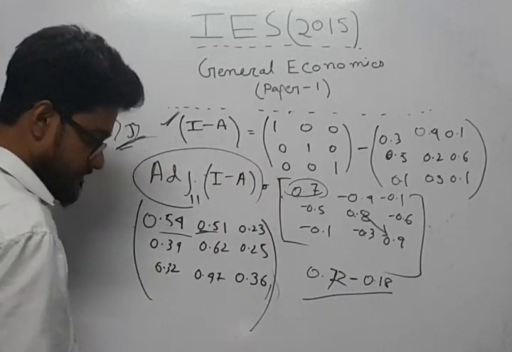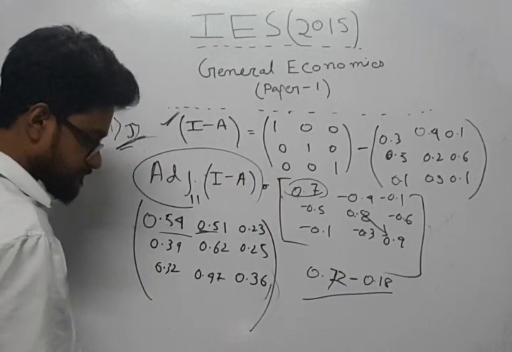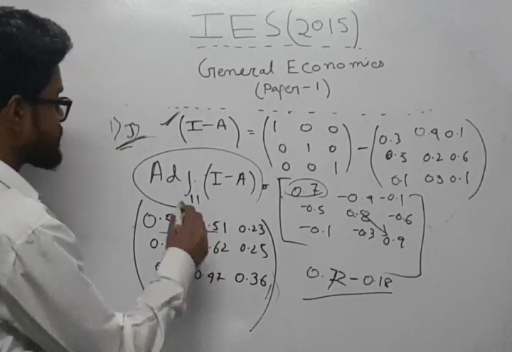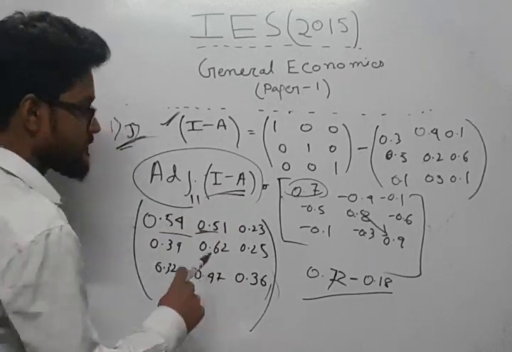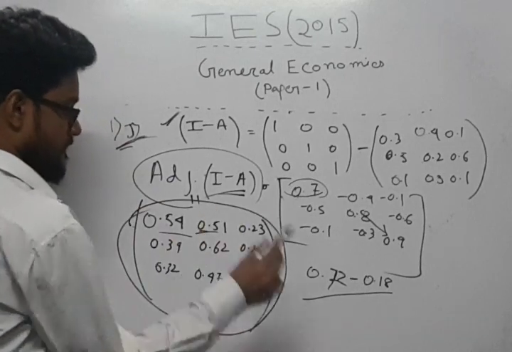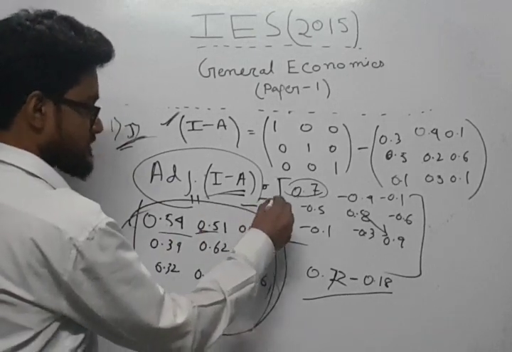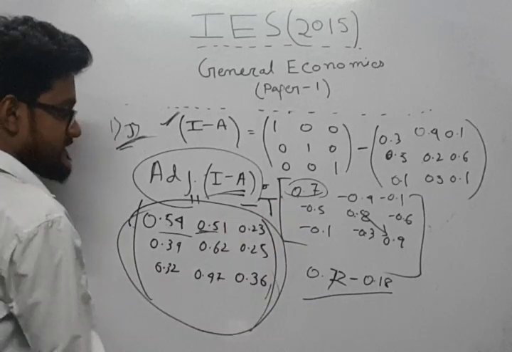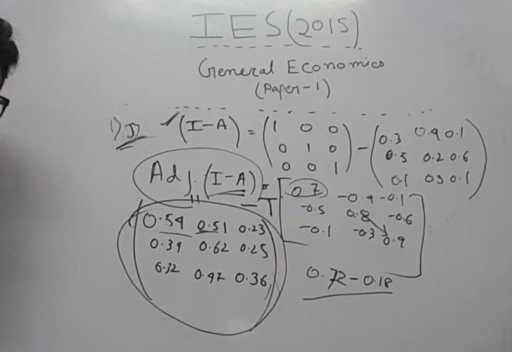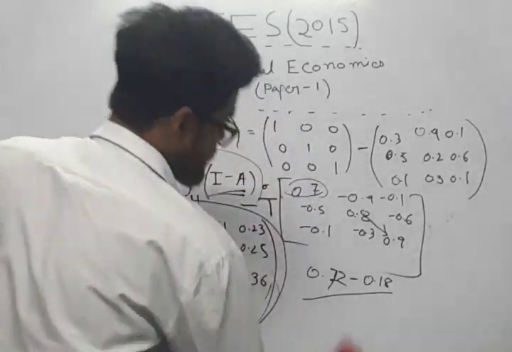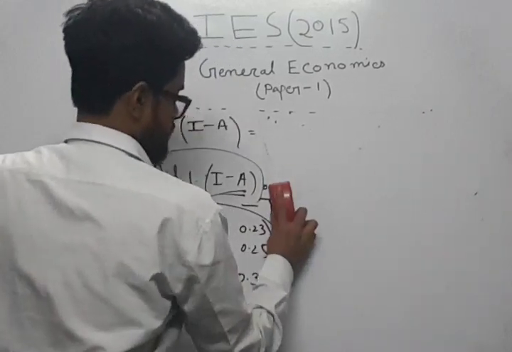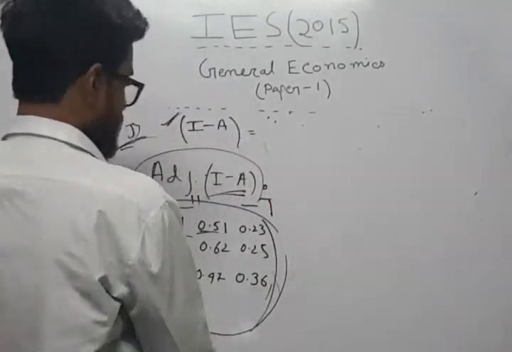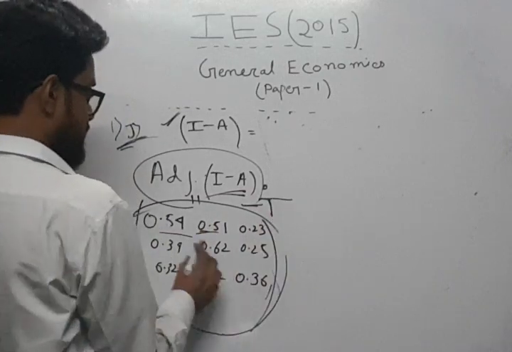Now our objective is to find the value of adjoint of (I minus A). In order to find this, the first thing we have to do is find this. Then we have to transpose this. We'll write to the power minus T. So this entire term will shift its position this way. If you transpose this, then it will become like this.